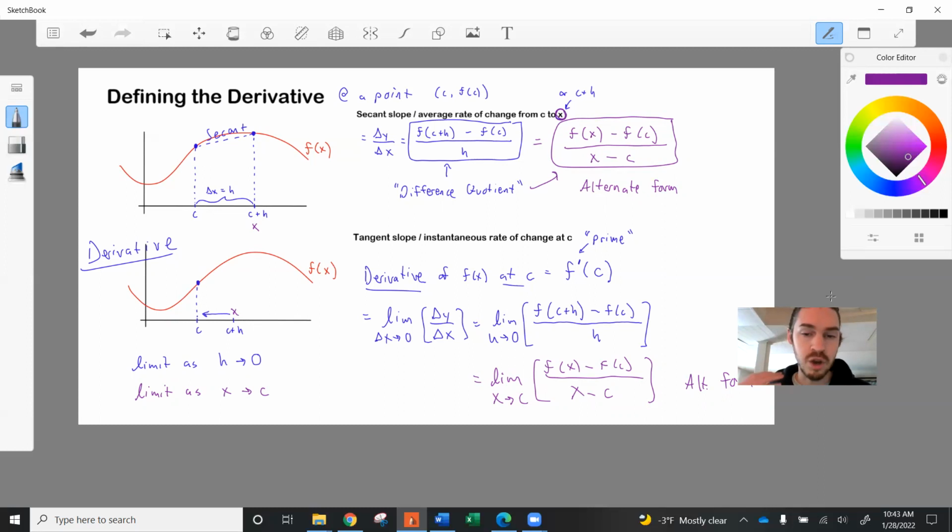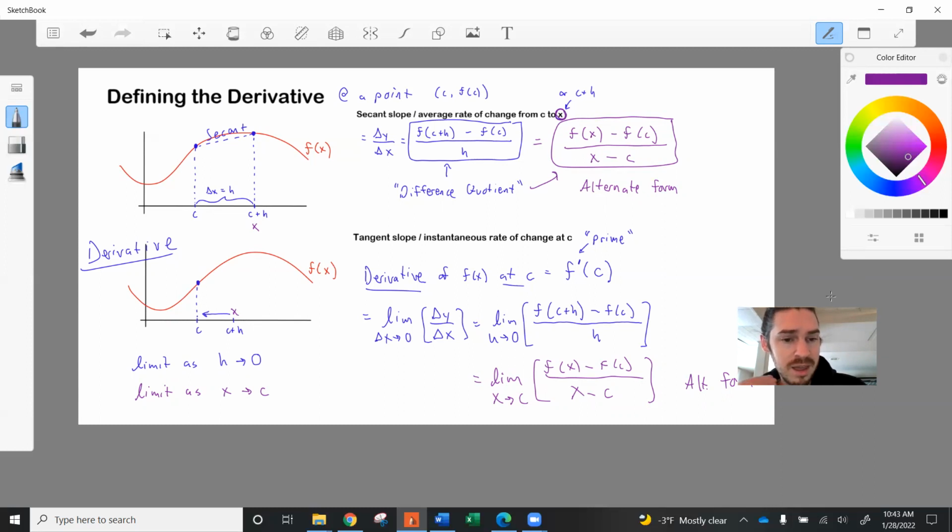So just in terms of ease of notation, it is better to use the c plus h version, because then later we can make that x plus h, and it just works out more cleanly.